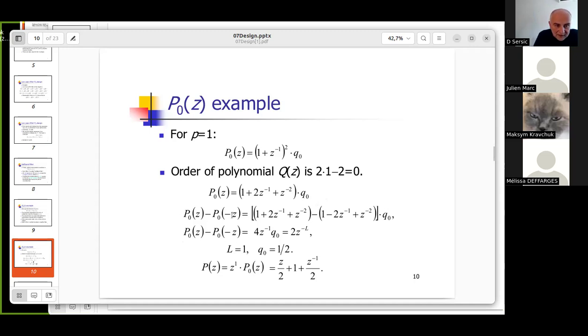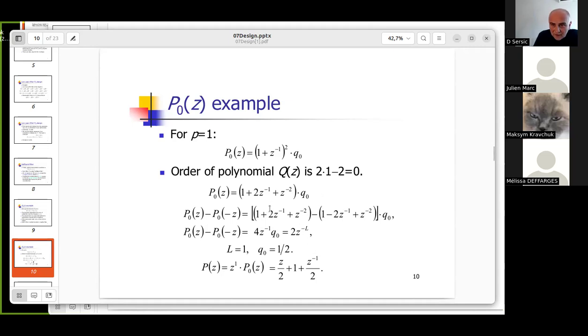On the left-hand side, we have a difference. Only the middle term changes its sign. It has odd power, and if you put minus z, it changes its sign.